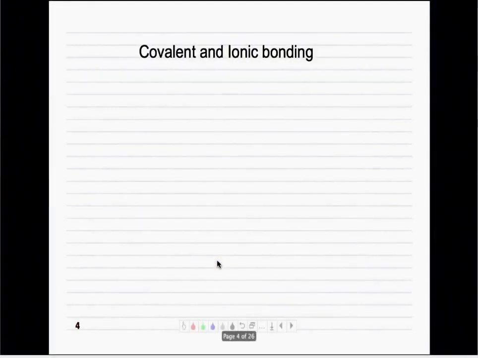And that brings us to the bonds. The two kinds of bonding that we're going to talk about in this course are ionic bonding and covalent bonding. In ionic bonding, let's say I have A and X. I have A plus and X minus.